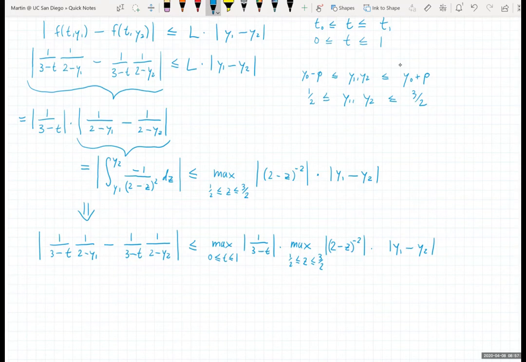Okay, let's take a look at the first term here, the maximum over t. You can easily see this term is largest if t is closest to 3... I mean, if t is largest. So we get that this term is bounded from above by 1/2.